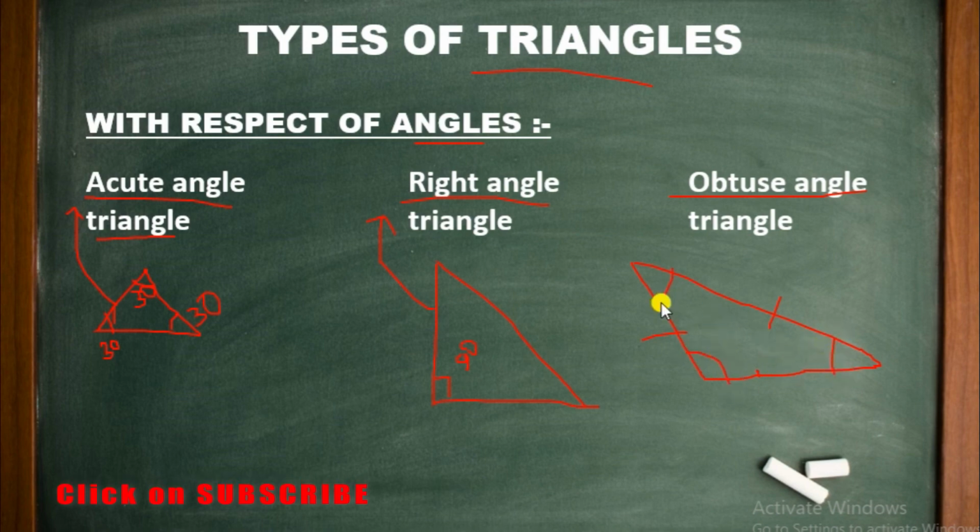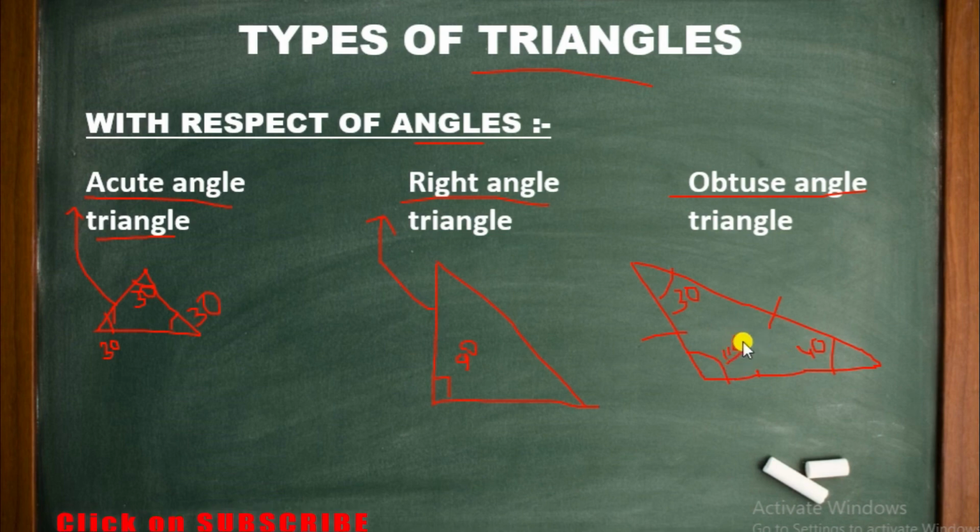So here we can see these two angles are less than 90. Suppose this is 30, and this is 40, and this is 110. So we can see here two acute angles and one obtuse angle.